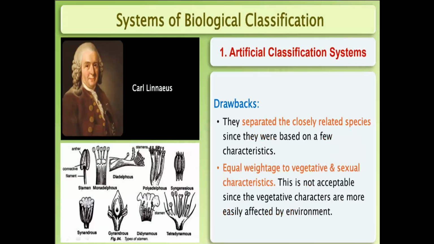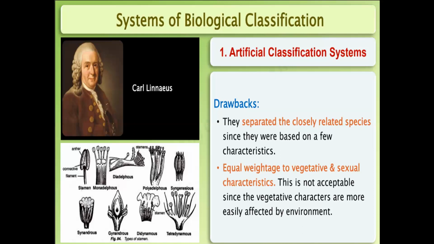Next, drawbacks. What are the drawbacks of the artificial classification system? They separated closely related species since they were based on few characteristics. They didn't take more characteristics, only very few differences, so some related species were separated. If you take more differences, you can separate plants more properly.